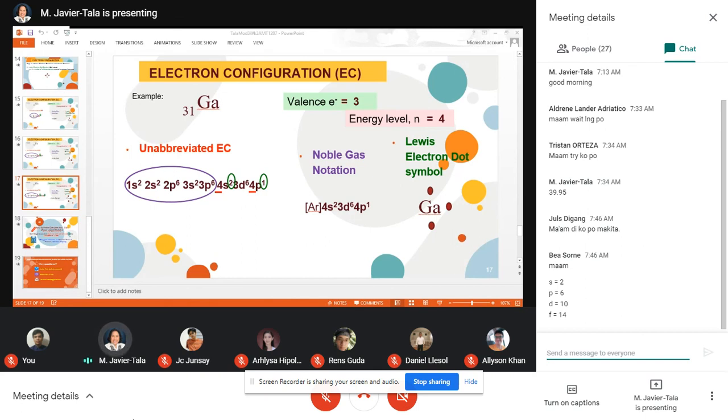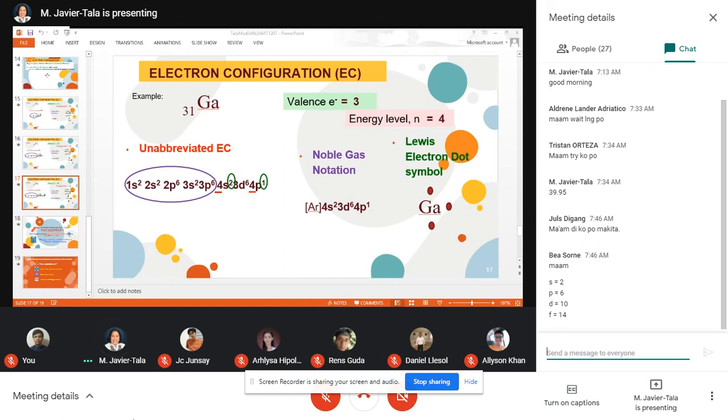Then 4s2, 3d10, 4p1. I have already explained to you why 4s2 comes before 3d10, because it's easier to fill out the s subshell compared with your d subshell. And it is argon because argon represents this part of your unabbreviated electron configuration.